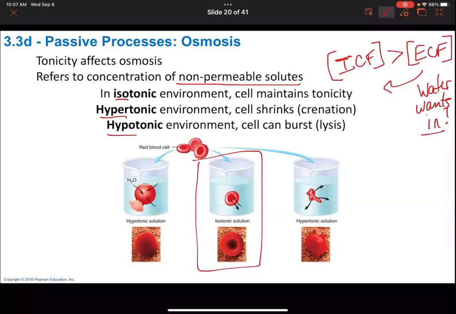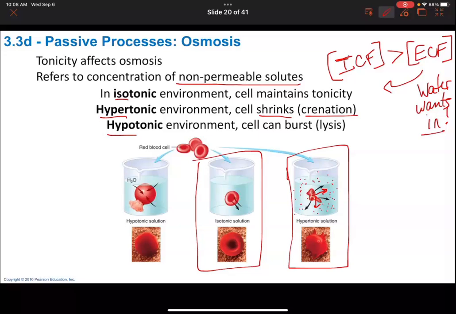Now, if you place that cell in a hypertonic solution, where this solution is more concentrated with solutes than the cell, then the water in the cell is going to want to leave and try to separate these molecules. It's like, oh wait, I can help take care of my outside environment. When it does that, the cell loses water and it shrinks. A formal term for that is crenation, especially in red blood cells.